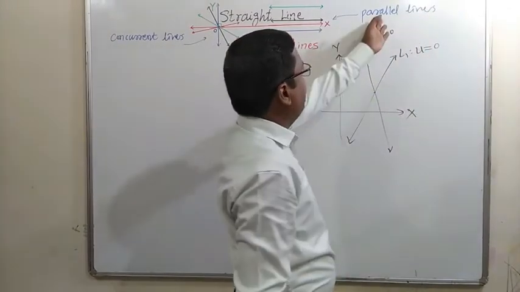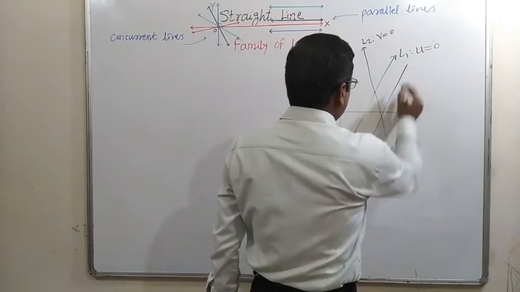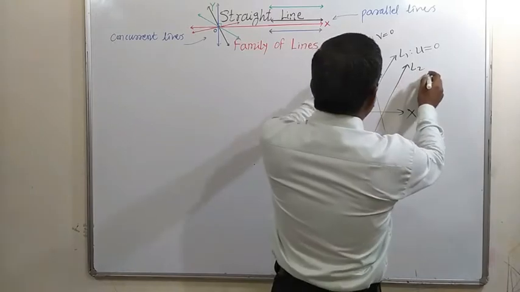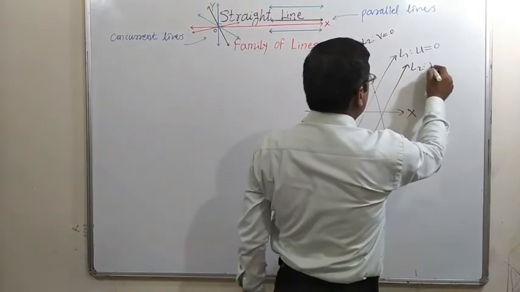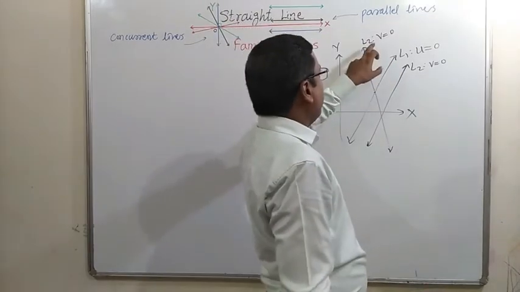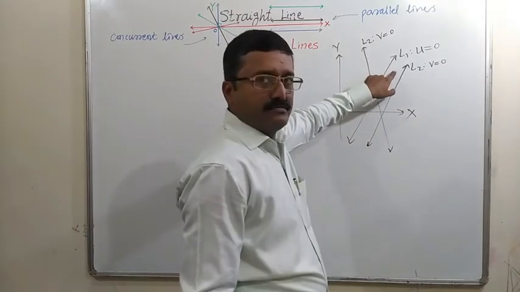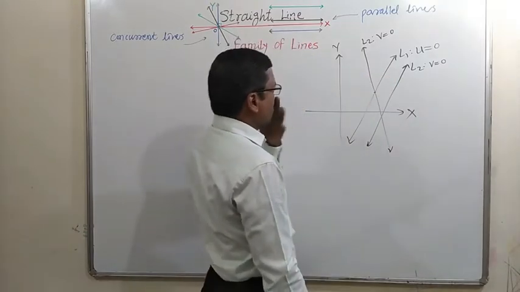Sometimes that L2 may be parallel to L1. So I will draw here two lines L2. This is the same line L2, or instead of this line we are taking this L2, which is v equal to 0. So whenever first line L1 is given, L2 may intersect it or L2 may be parallel to that line L1. So these are the two situations.